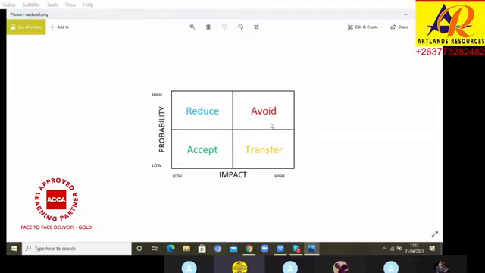So if you want to go into a country like Chad, like Syria, you would rather avoid going there, because the probability of skirmishes and unrest is very high, and it's so hazardous. Its impact on the firm is so huge. So what do you do? You avoid. But if you are answering in an exam, I don't want you to use the word avoid.